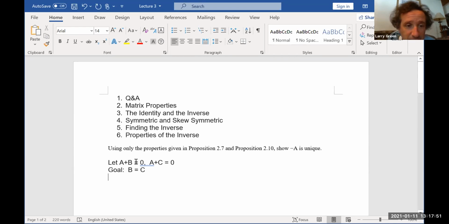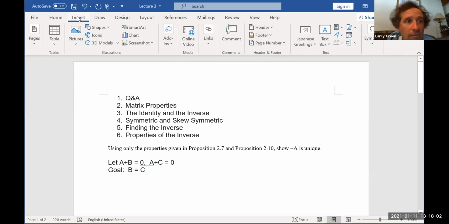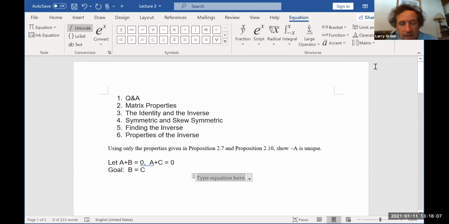So if A plus B equals 0, that means A sub ij plus B sub ij equals 0 for all i and j.